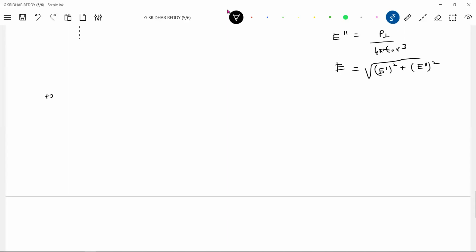There's a charge plus Q, and it is asking to find the dipole moment somewhere here, where this will make an angle theta, where R is very much greater than L. Now I think the approach I have given will really help you a lot. So you have to find the field strength at point A.